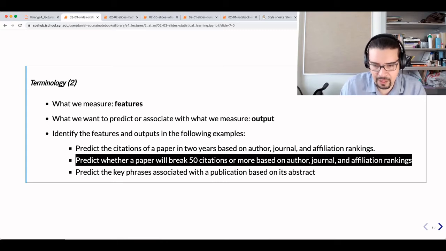So based on the same factors, the author, journal, affiliation, you might want to make that prediction. So how can we learn that? Now, this problem is a little different in that the outcome of this problem is binary. So it's whether you break 50 citations or not. So you only have 2 outcomes.